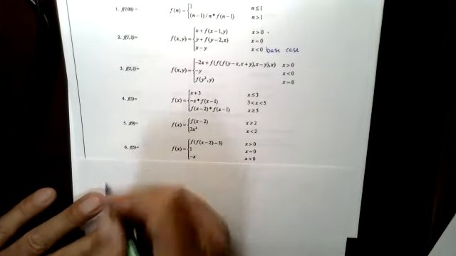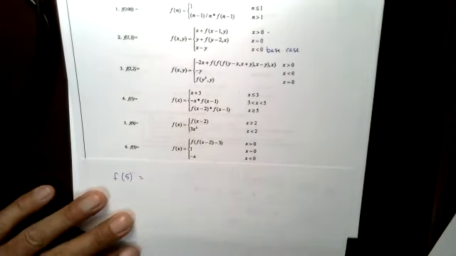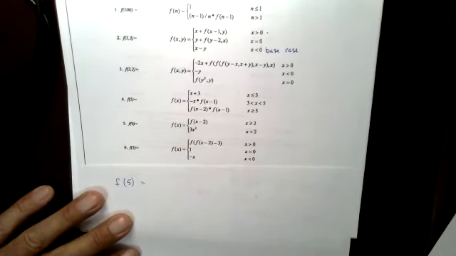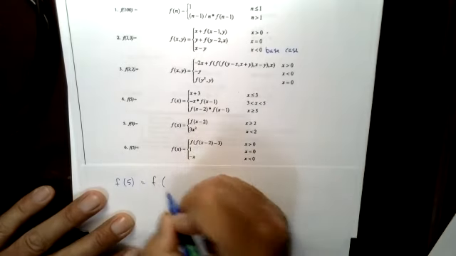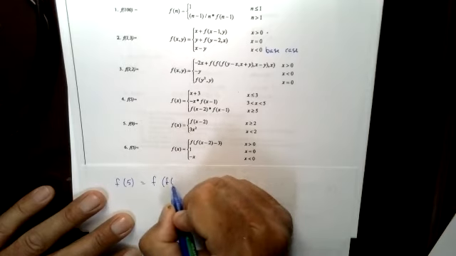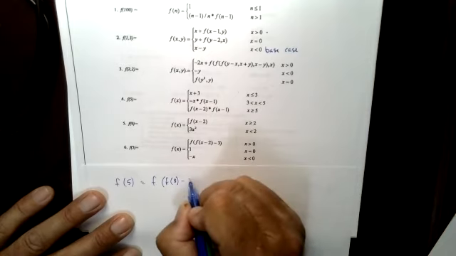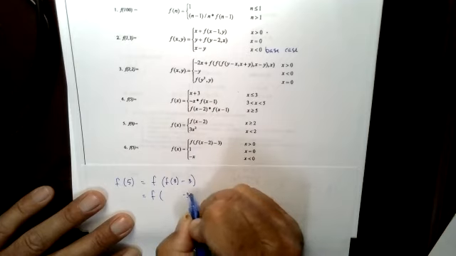Number 6. I have f of 5. F of 5 is going to fall into that first category. It's going to become f of 3 minus 3. F of something minus 3.